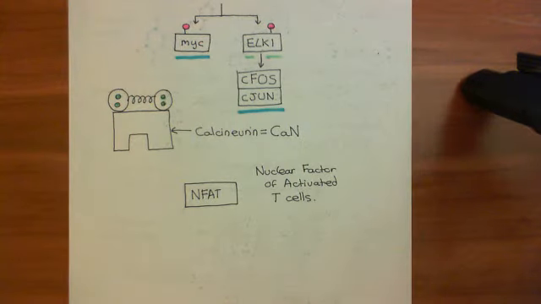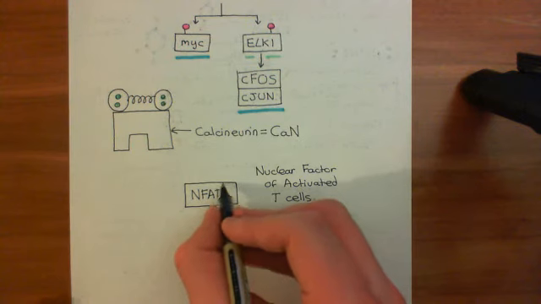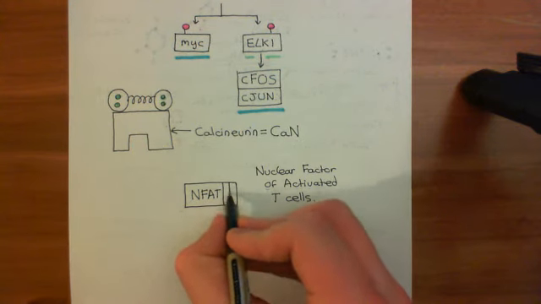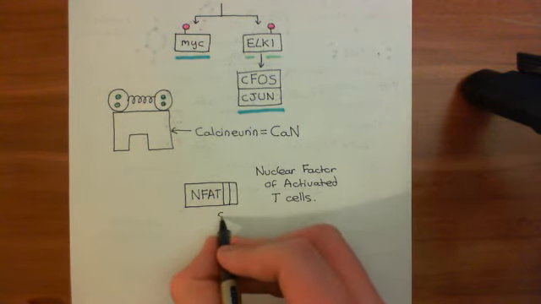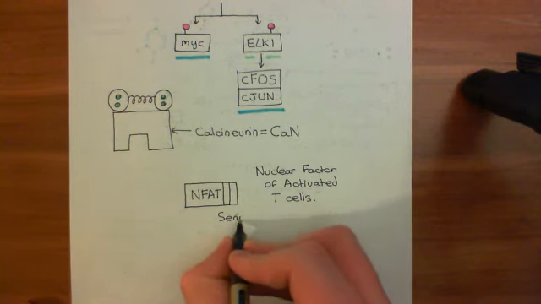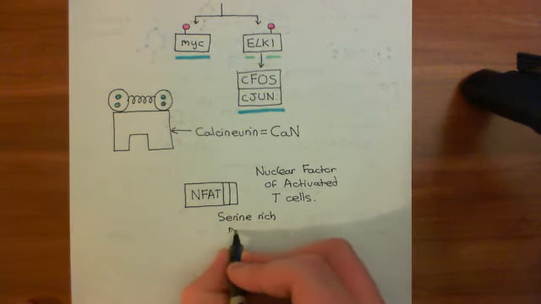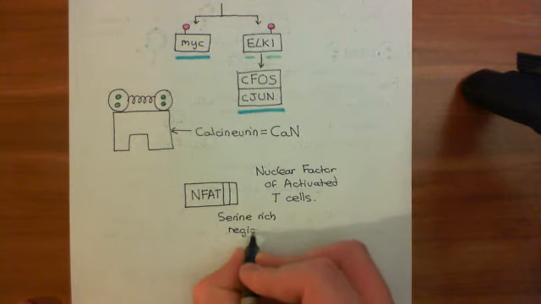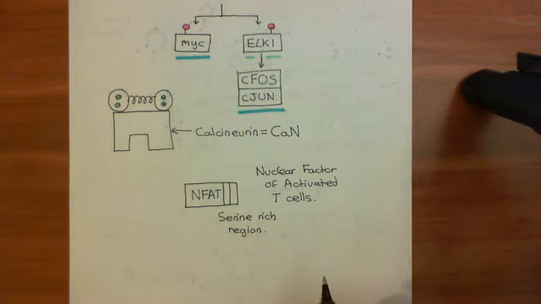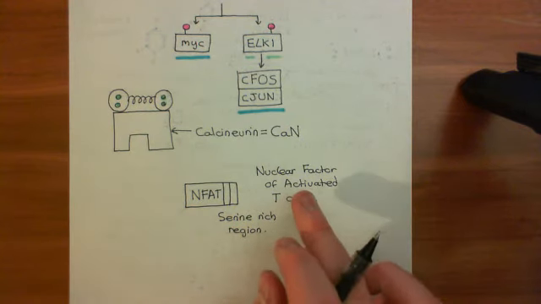Now, the nuclear factor of activated T cells has a special region, which I'll show here, which is known as the serine-rich region. Usually in a cell, you do not have this nuclear factor of activated T cells active. By the way, this is another transcription factor.